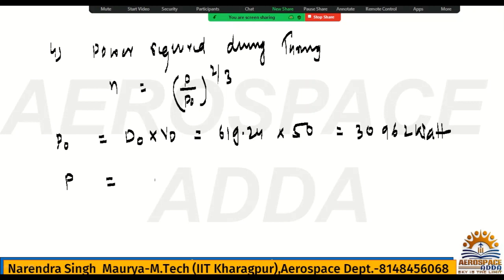It is nothing but n to power 3 by 2 into P naught. Agree with this? Now you can calculate this value. So check, into what is the n? N is 1.152. 1.152 to whole power 3 by 2 means 1.152 to the power 3 by 2.